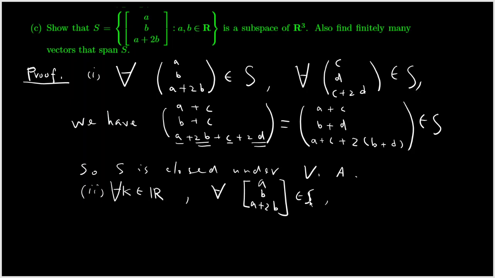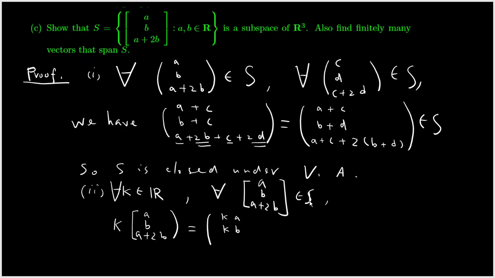Now let's check the condition. We want to compute the scalar multiple of any number and any vector in S. So we want to compute k times the vector a, b, a plus 2b. Now the first component is ka. The second component is kb.